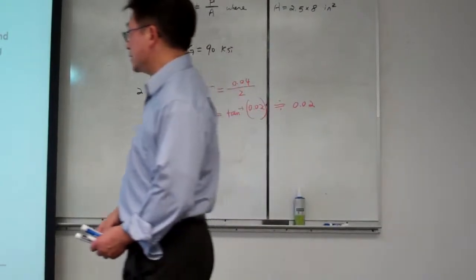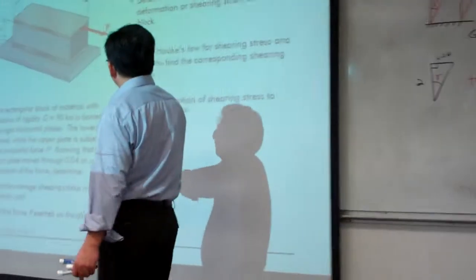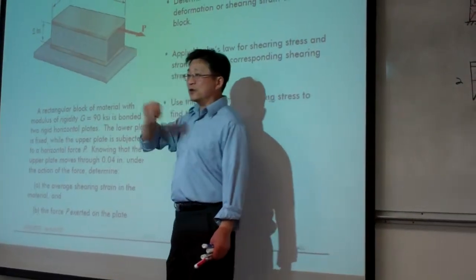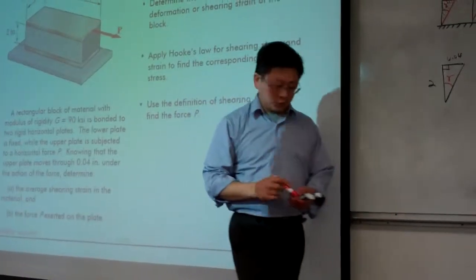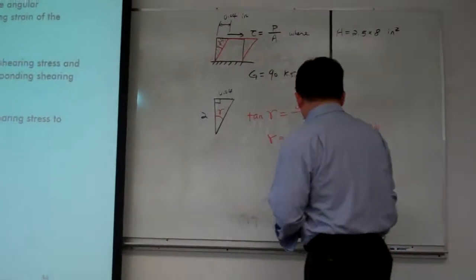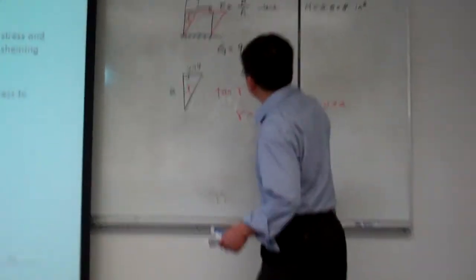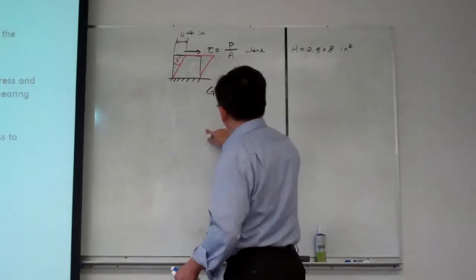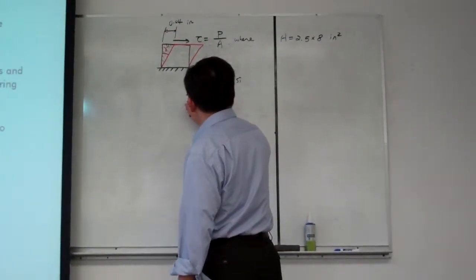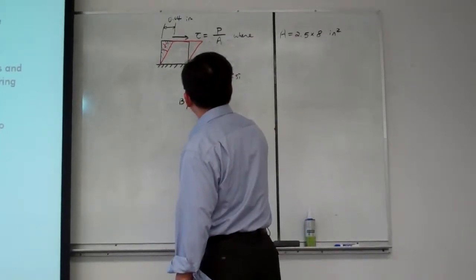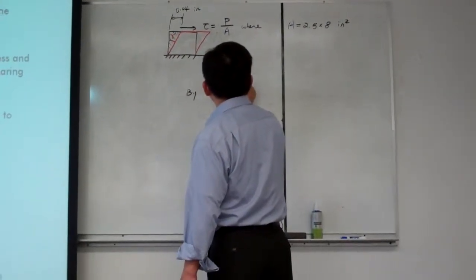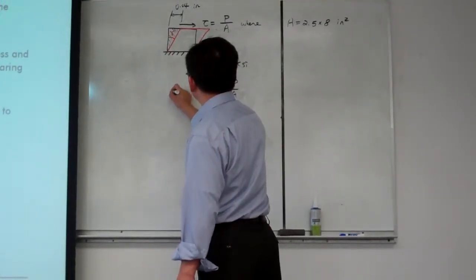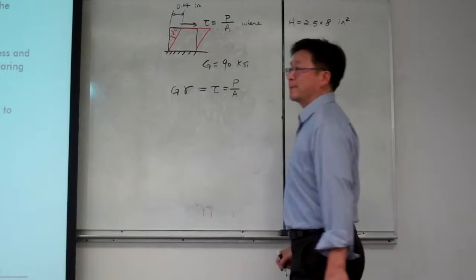The second question, the force P, we need to determine what is the magnitude of the force P to cause such a change. So in this case, let me erase this one here. So therefore, P, by tau equal to P over A. On the other side, using Hooke's law, tau equal to G times gamma.